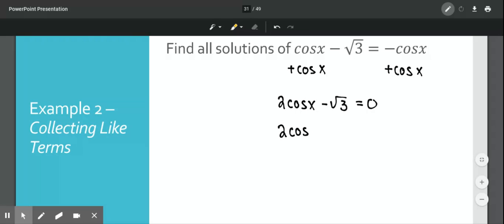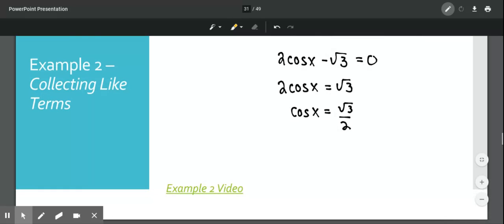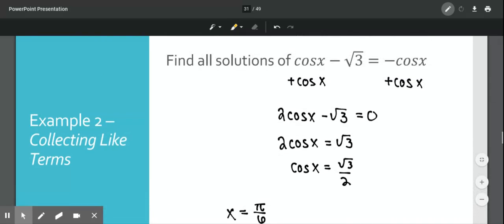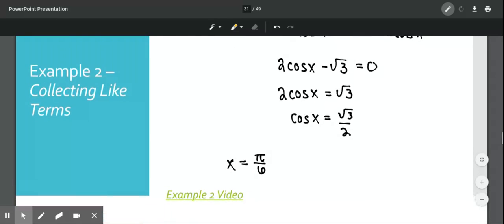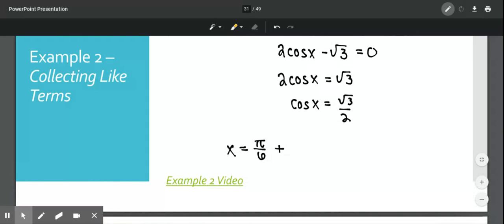So we get 2 cosine x equals root 3, or cosine of x equals root 3 over 2. So again, this is unit circle. The cosine equals root 3 over 2 when x is pi over 6. If we look back, we're not restricted only to one rotation, so we would have to say plus 2 pi n, meaning it could keep going around. Or when x is 11 pi over 6 plus 2 pi n.